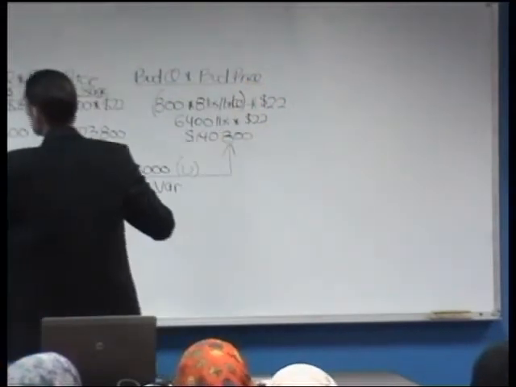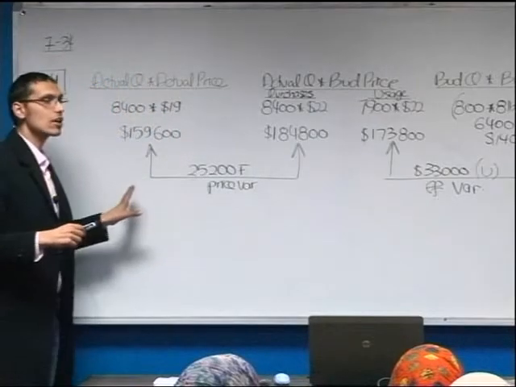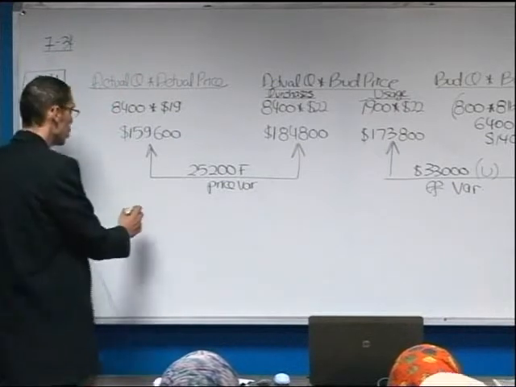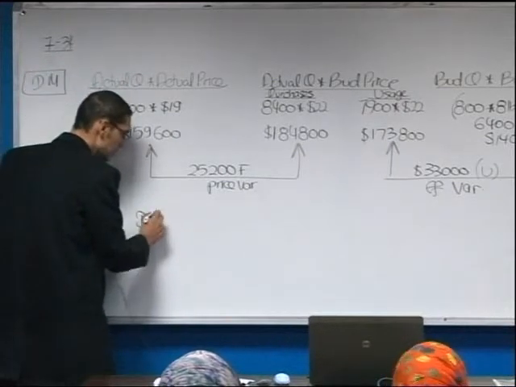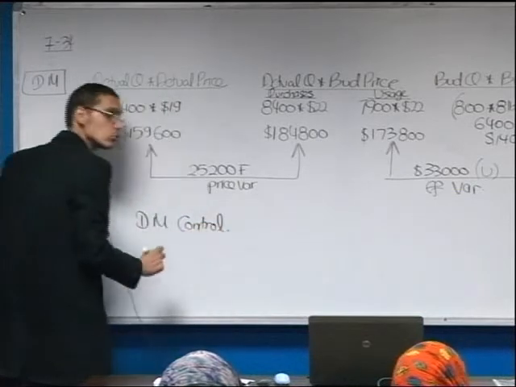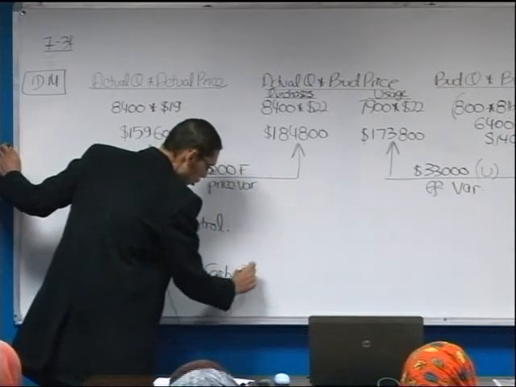Therefore, when we purchase direct materials, according to what we took in cost accounting 1, we would debit the direct materials control and we would credit cash or accounts payable.